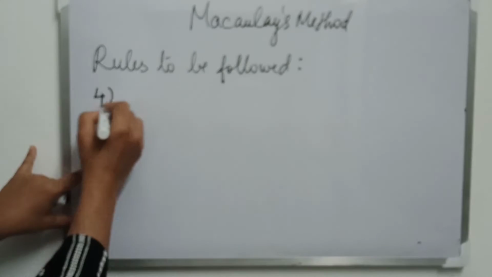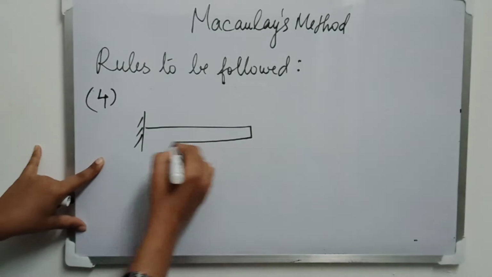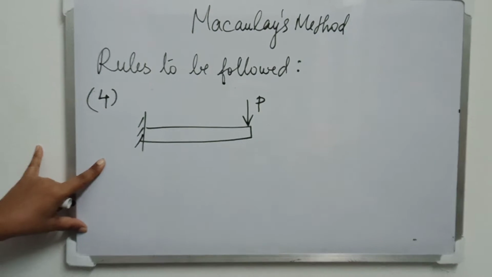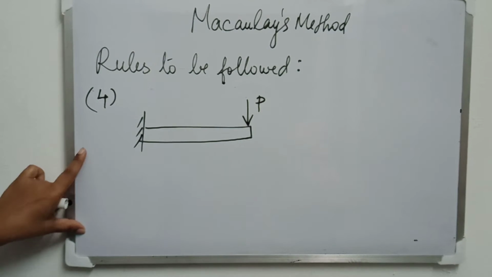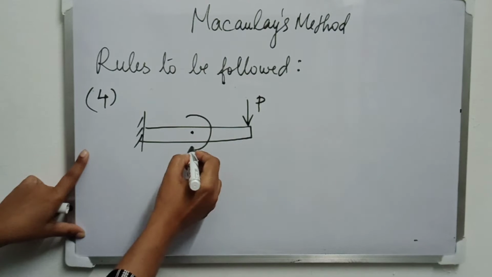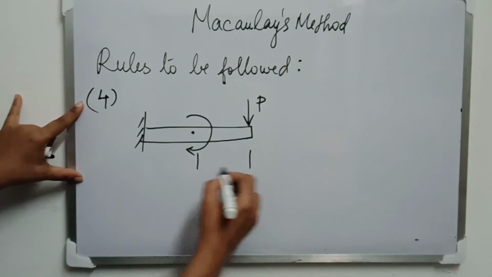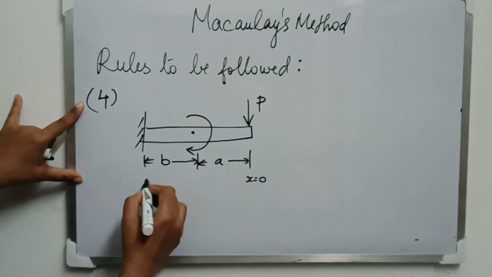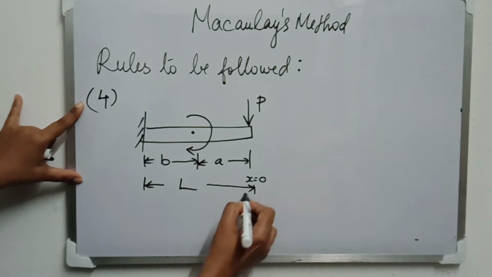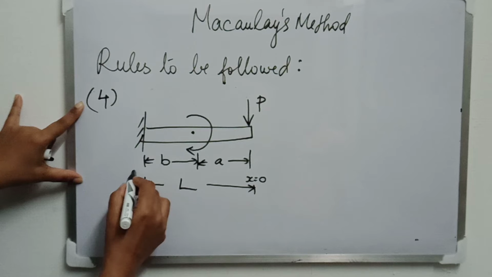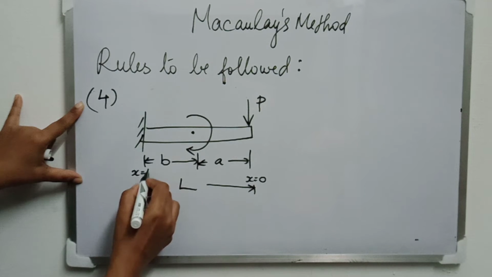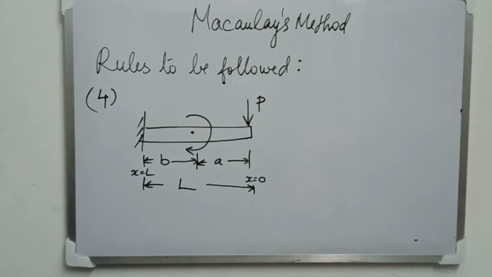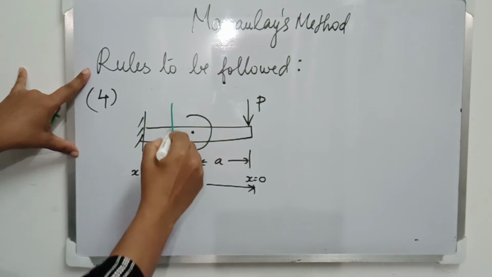Next rule is related to beams with moments or concentrated moments at any point on the beam. So here I am taking the example of a cantilever beam of length L and a point load at the free end and a moment, that is a concentrated moment M, at a distance B from the fixed end.